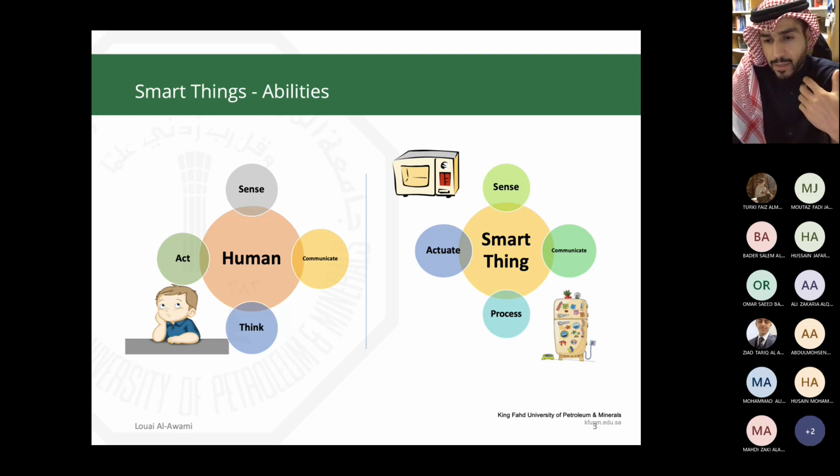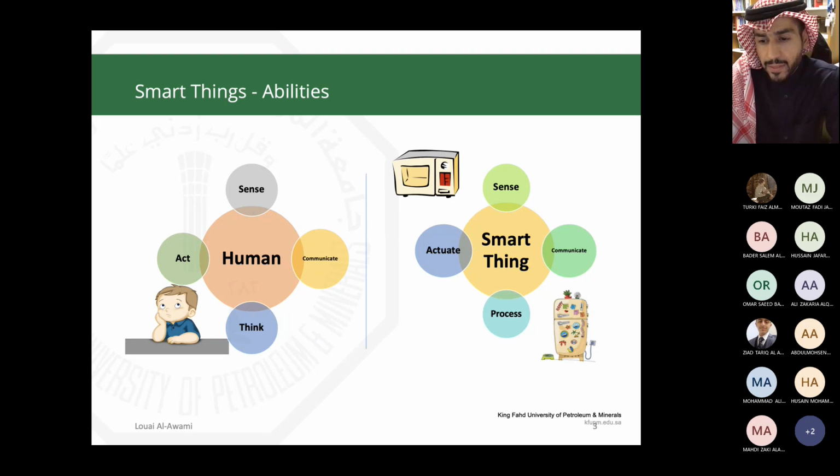A human can think and process, while things can process the data that they collect from the environment. And once we generate a decision, we can act. So we can do things. You feel something is hot, then you process it, and then you take your hand off that thing. The same thing happens to smart things. They can sense, process, and then do an action.